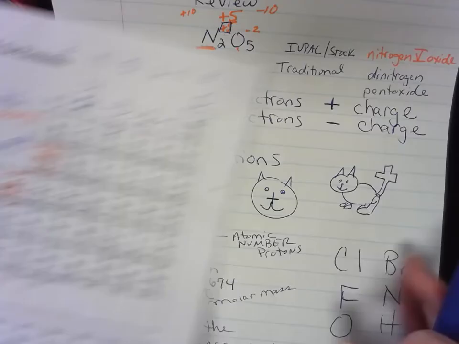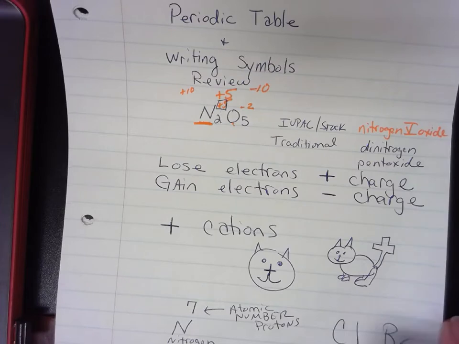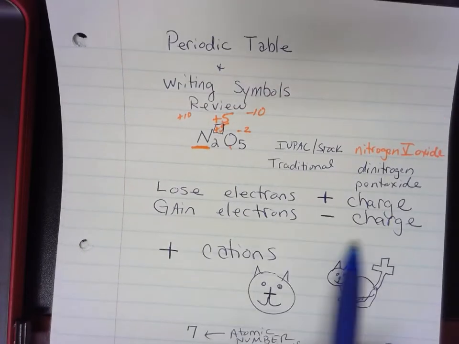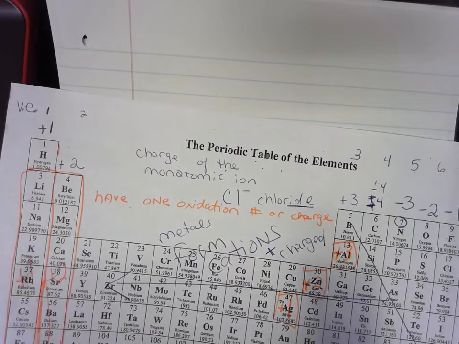We don't always have neutral atoms, like I talked about up here. So let's just go back and remind ourselves. Let's do calcium and let's do sulfur. Okay, calcium has 20 protons.